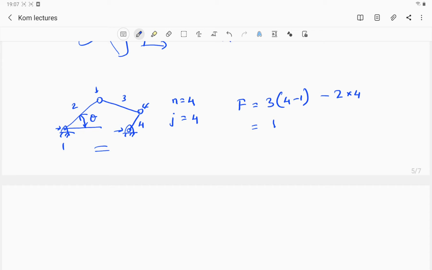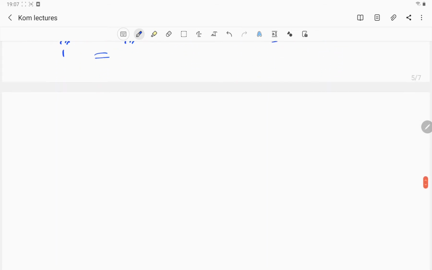I know the position and orientation of each and every link once I know what's theta. So just theta is the only independent variable to define the configuration. It has 1 degree of freedom, and using Kurzbach equation we have identified that.